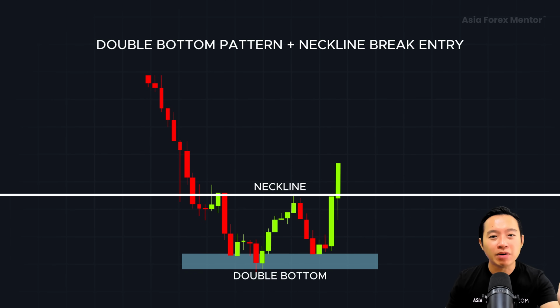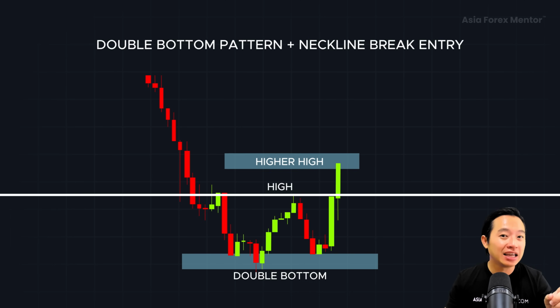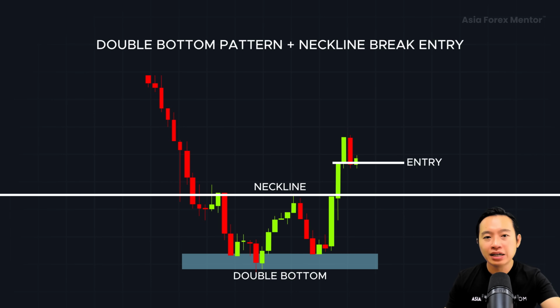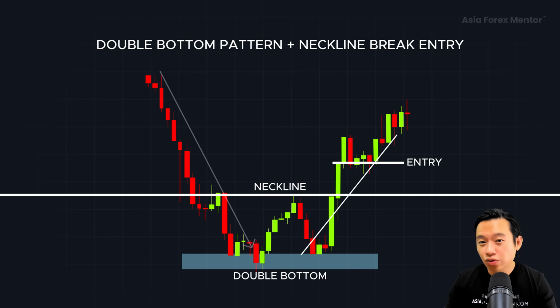So you have your double bottom pattern that forms. This reversal point gives you your neckline. Once price breaks the neckline and makes a higher high, you have a fully formed trend change. You would then take a breakout entry going long. After the neckline break, the reversal and trend change are confirmed from the downtrend to an uptrend.